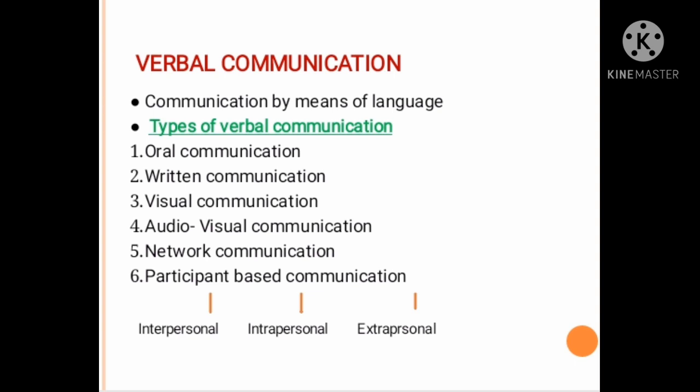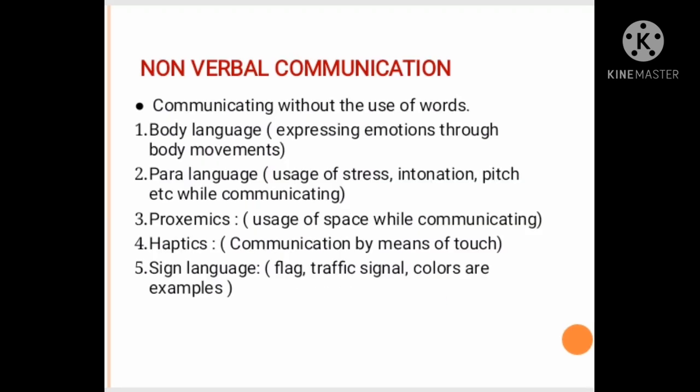Examples for verbal communication are oral communication, written communication, visual communication, audio-visual communication, network communication, participant-based communication, etc. Non-verbal communication is communication without the usage of words. An example for non-verbal communication is body language. It is communicating through physical movements.